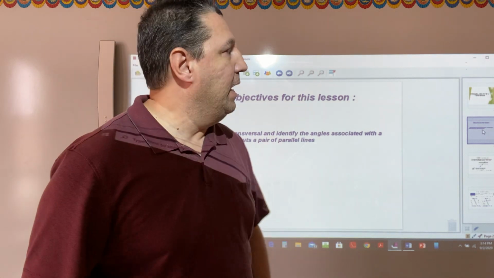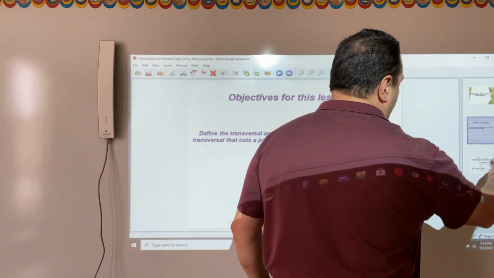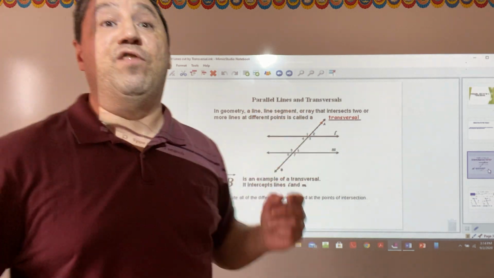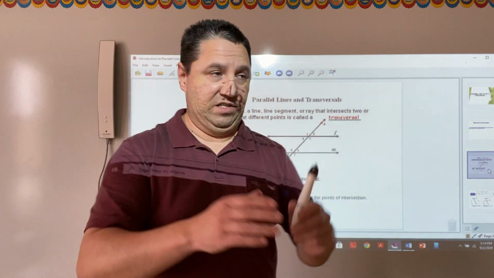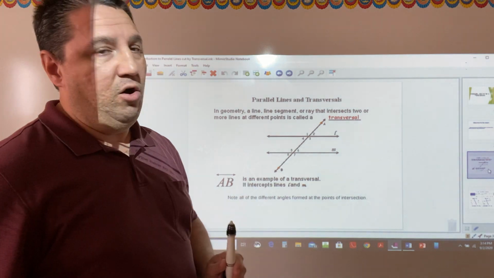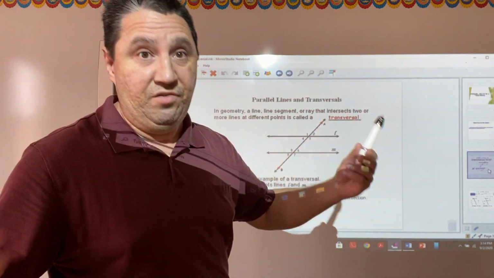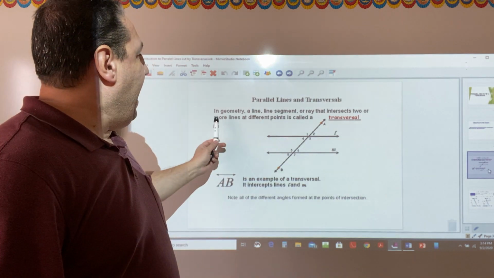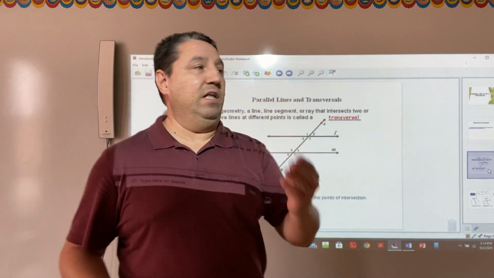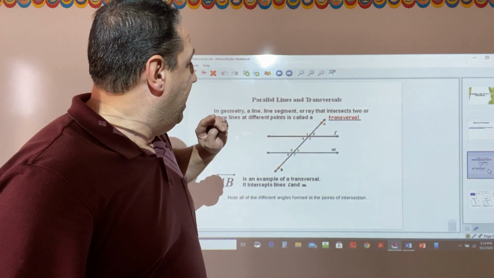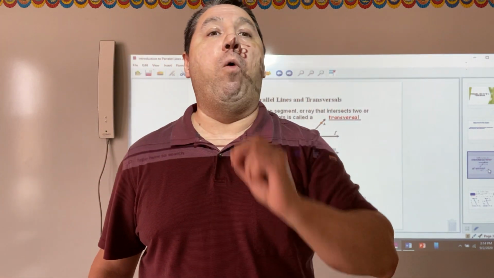Good. First, let's define what a transversal is. A transversal is a line, a line segment, or even a ray that intersects two or more lines at different points.